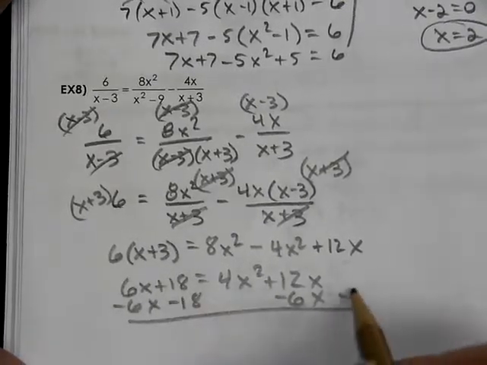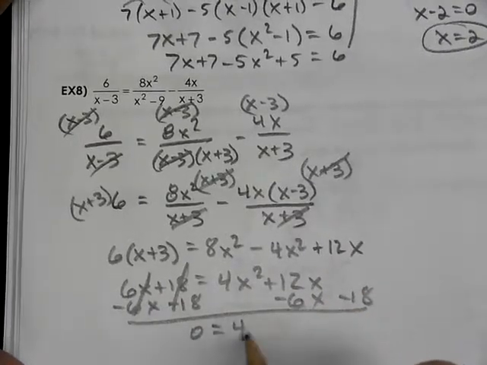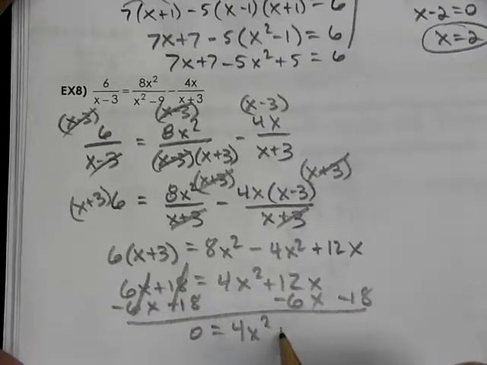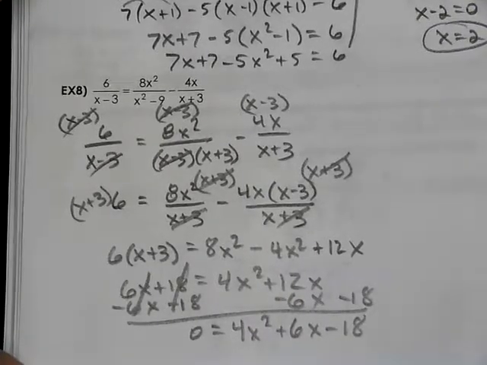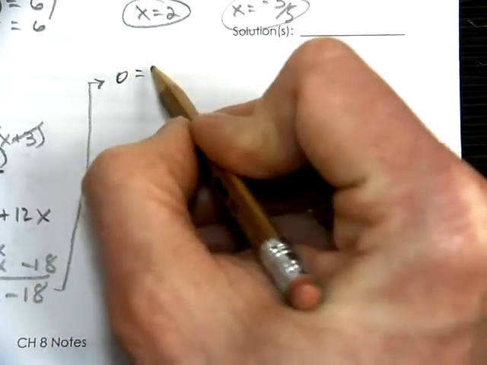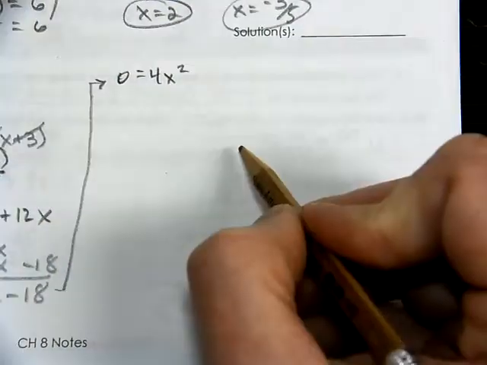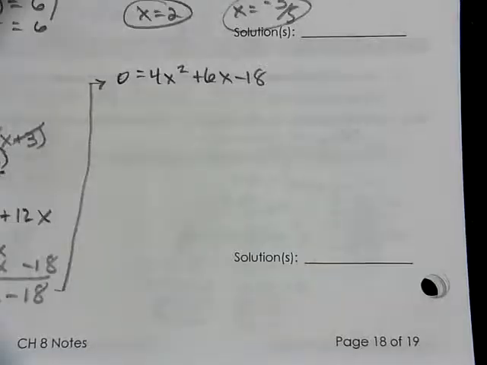Subtract the 18 across. And you're left with 4x squared plus 6x minus 18. So that was, I'll rewrite it, 4x squared plus 6x minus 18.